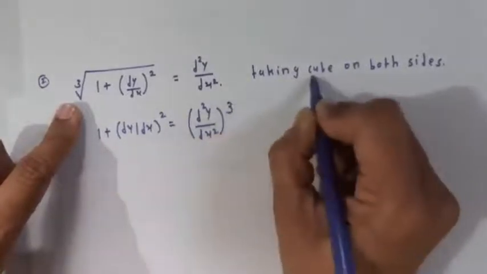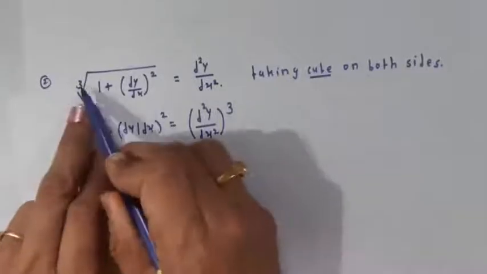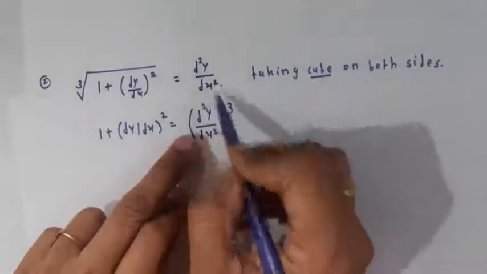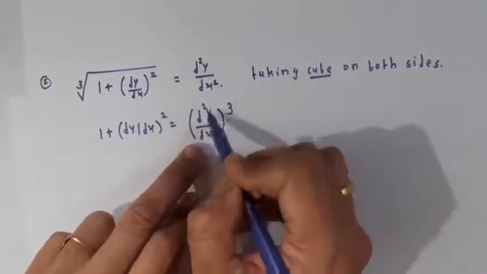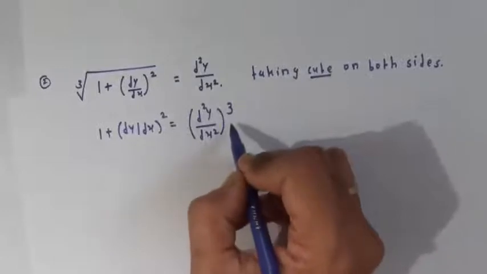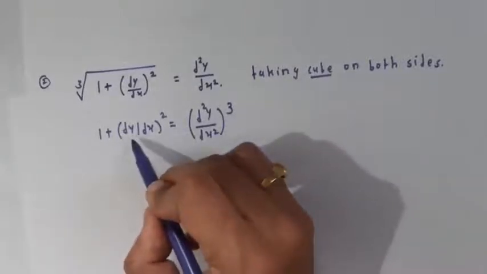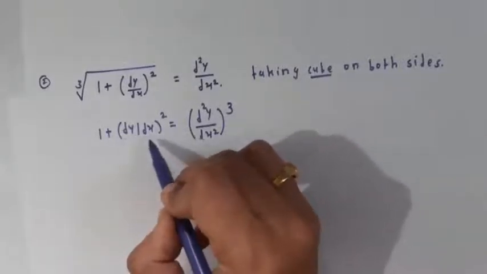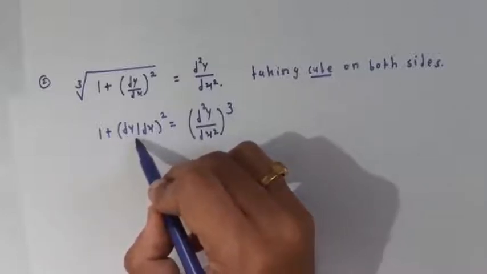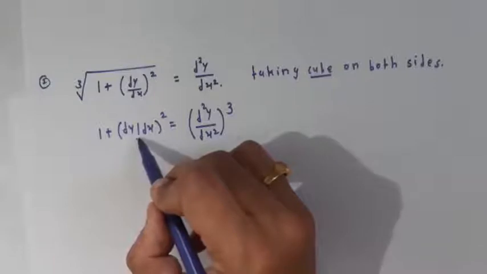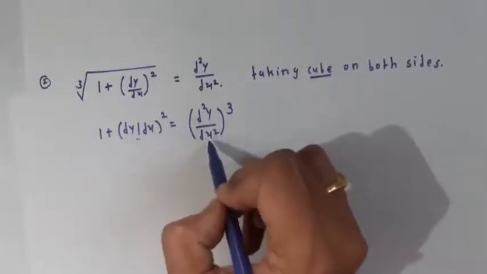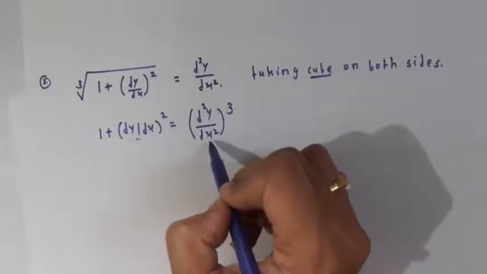In this differential equation, dy by dx is of first order, and d2y by dx square means the derivative is of second order.